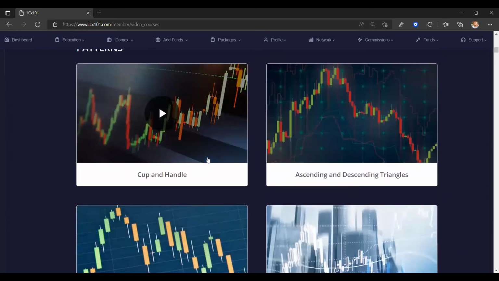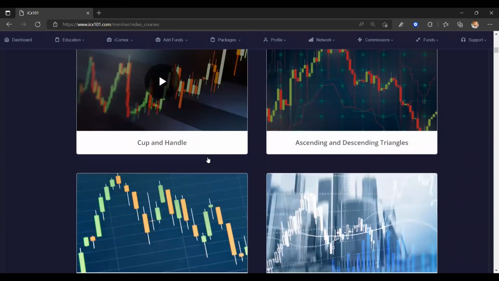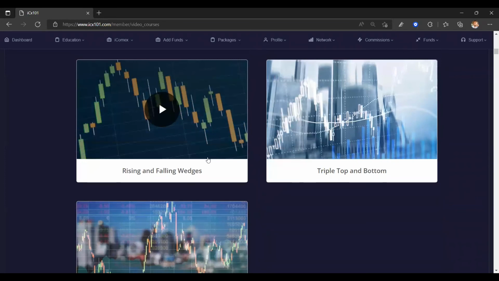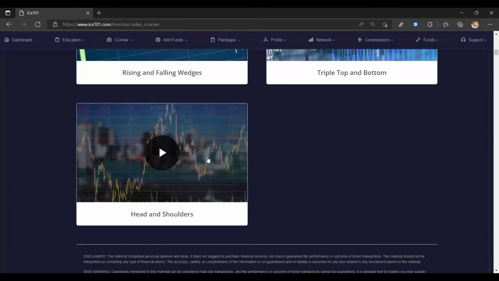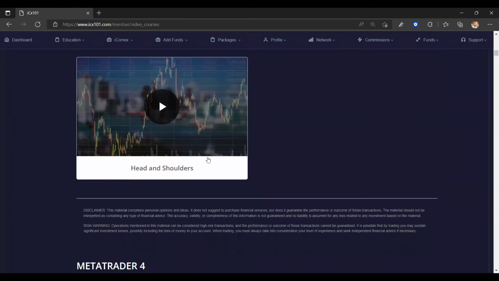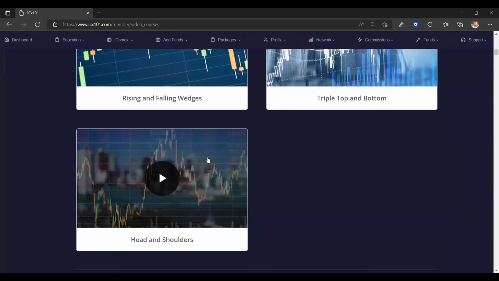We have cup and handle, ascending and descending triangles, rising and falling wedges, triple top and triple bottom, head and shoulders, inverse head and shoulders, many more. At least they give you a clue. Then when we are breaking it down on the chart, it will not look new to you.